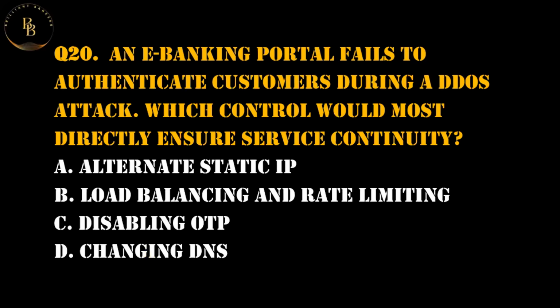Is it disabling OTP or the changing of DNS? And the right answer is load balancing with rate limiting, which mitigates denial of service attack by distributing the traffic and blocking abusive requests. So the right answer will be option B, load balancing and rate limiting.